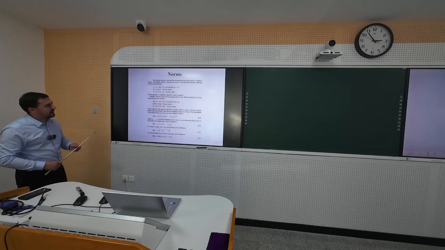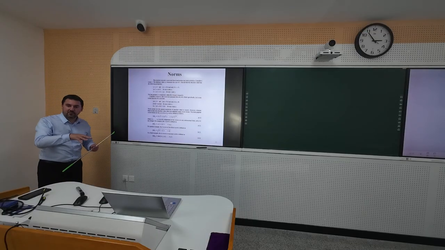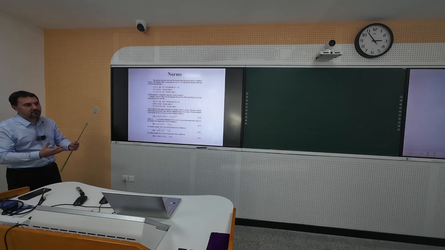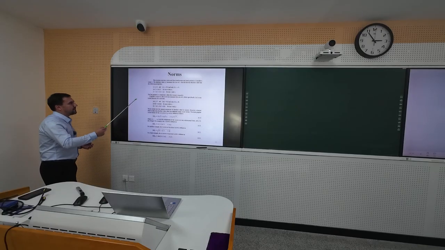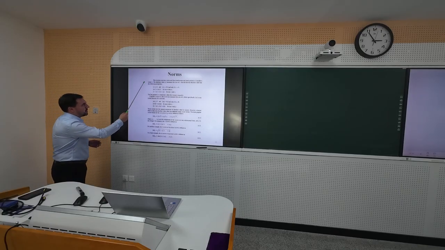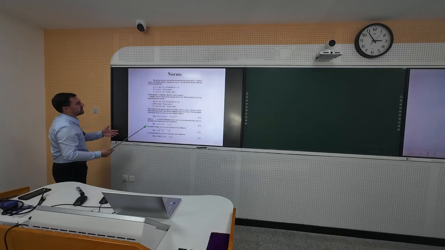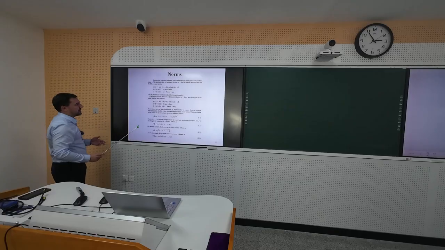For that, we should embed these functions in a space of functions and introduce norms to compute the distance between functions. I can remind you that, for example, we can start with the scalar x. The absolute value of x means the size of x, right? With the known properties.